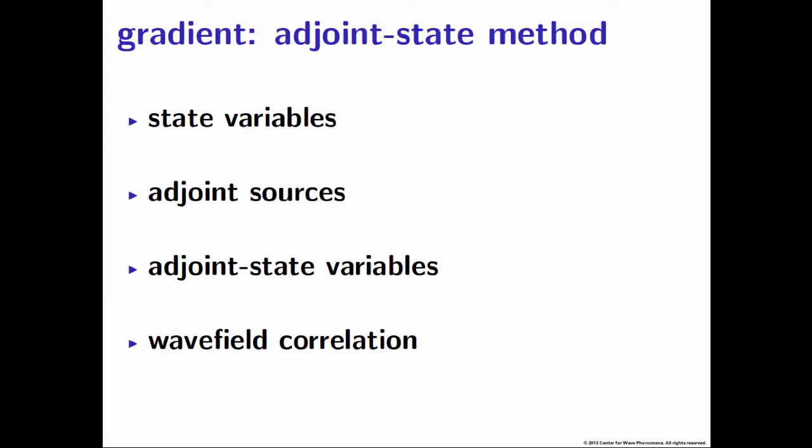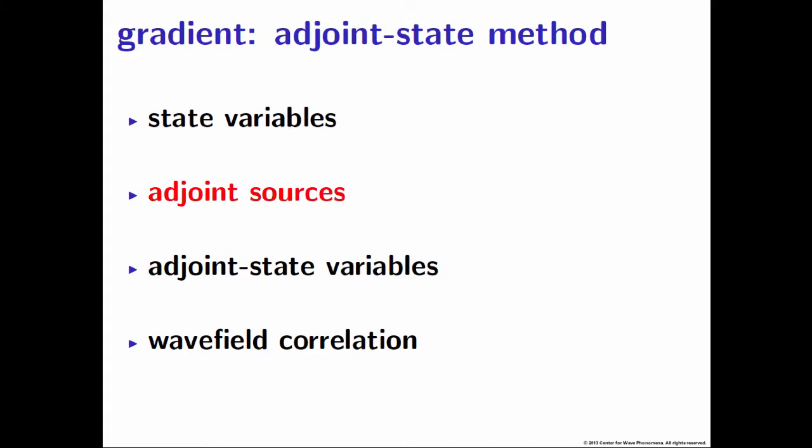So after defining the objective function, we can continue to compute the gradient corresponding to the objective function. The way we compute the gradient is by applying the adjoint-state method. I believe you are already familiar with this method from the presentation yesterday, so here I won't cover all the details. Instead, I will only introduce the construction of the adjoint sources, because this is the key step of the adjoint-state method.